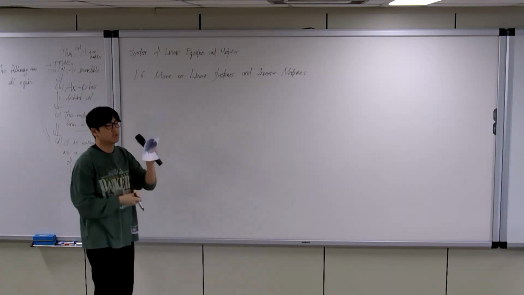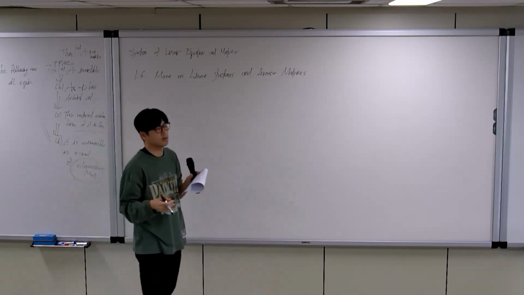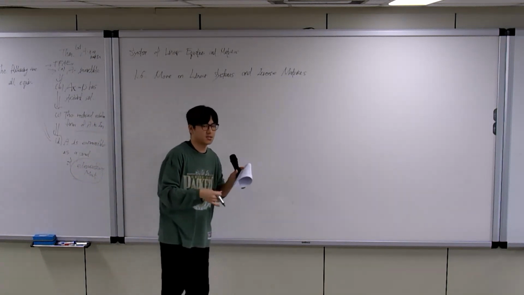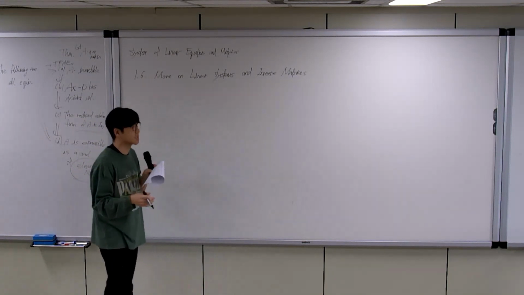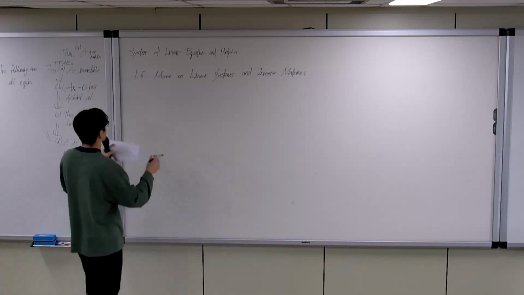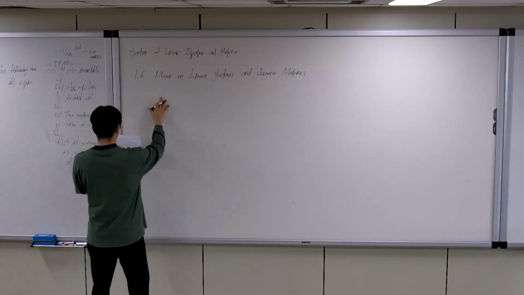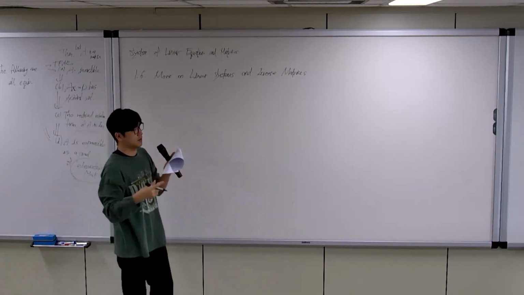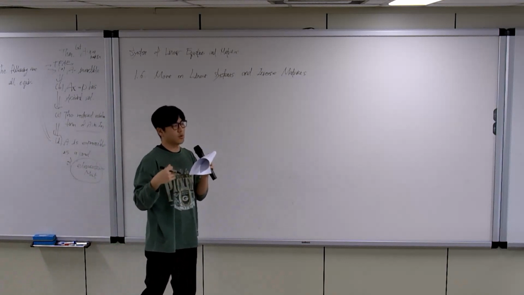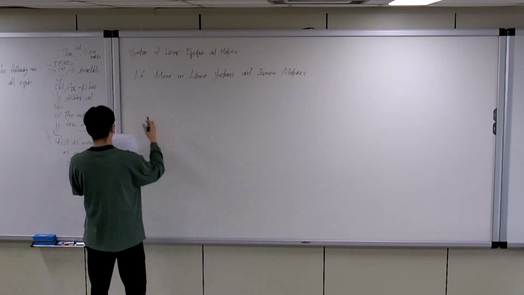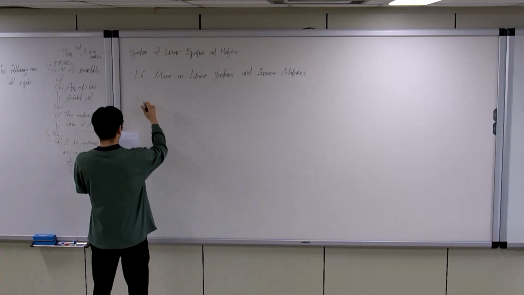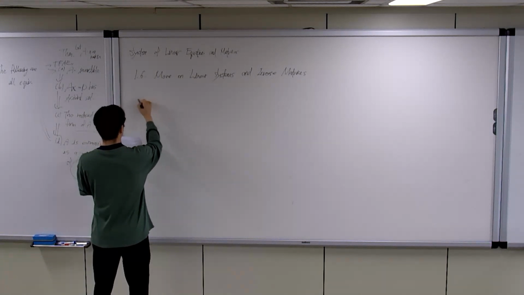We have seen some properties of inverses and inverse matrices, and in this section we will give more properties and more theorems for invertibility.